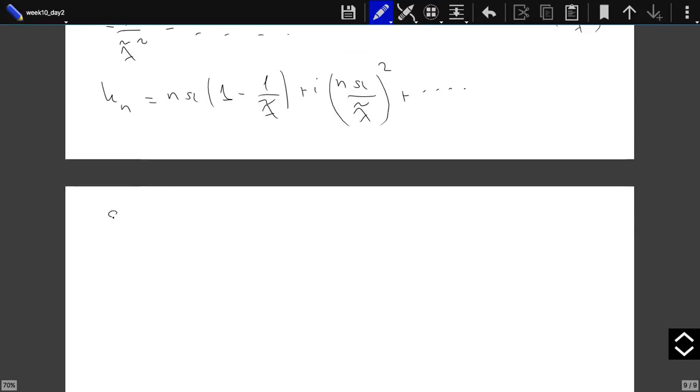Epsilon n is equal to Kn squared. So this is equal to... let's look at the imaginary part of epsilon n. This will be proportional to, let's say, 2nπ cubed over λ̃ squared.